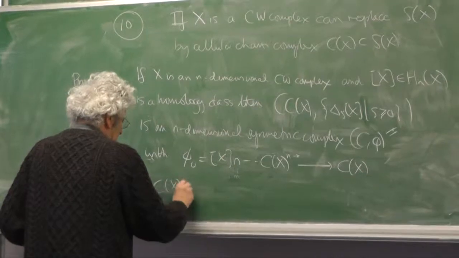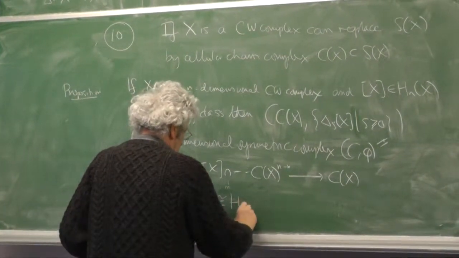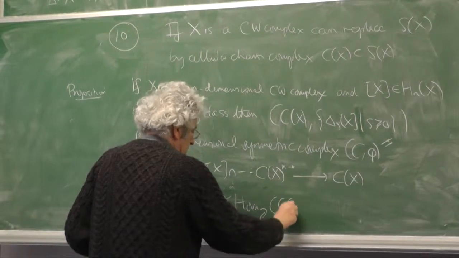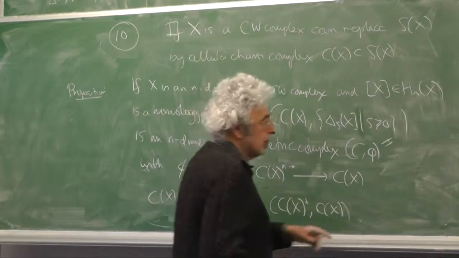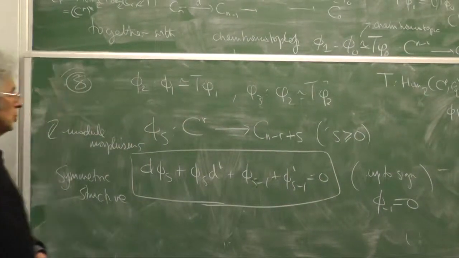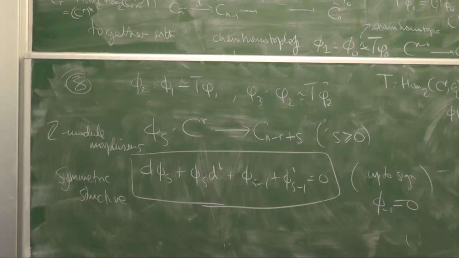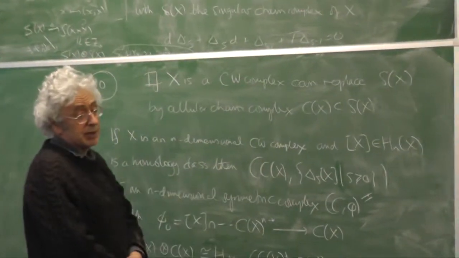And in fact, CX tensor CX is isomorphic by this universal property of the tensor product. There. So I should have included this information. Because these are maps from the cochain groups to the chain groups, but they correspond exactly to the tensor product which featured over there. The advantage of the tensor product is that you don't need to have any finiteness assumptions.